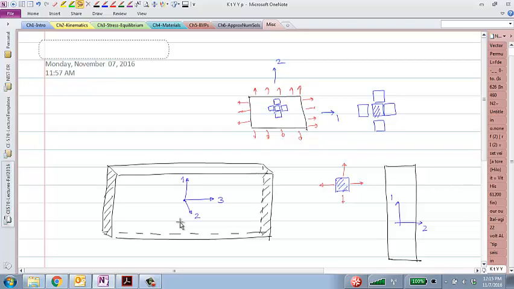So if I build up water pressure on this side of the beam, then maybe what it would look like would be something like this, right? And therefore it would try to bend something like this. Maybe I'll draw that as well.